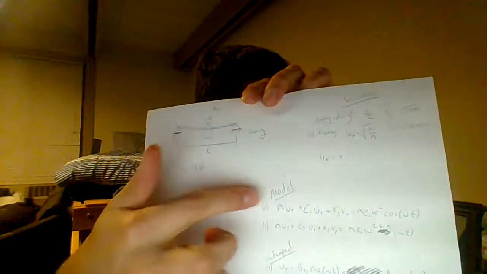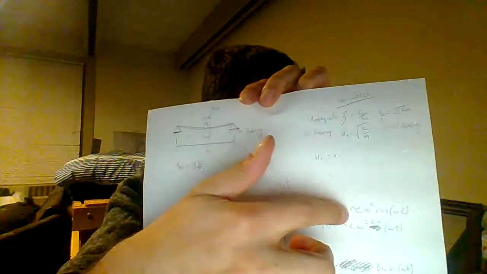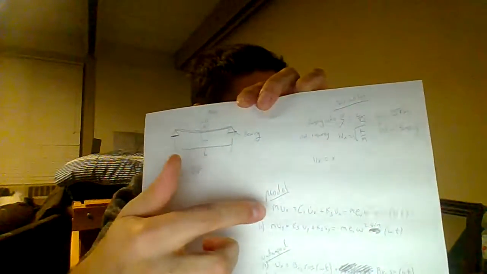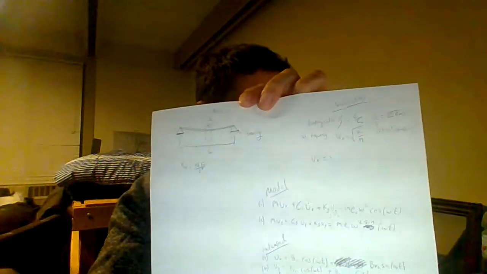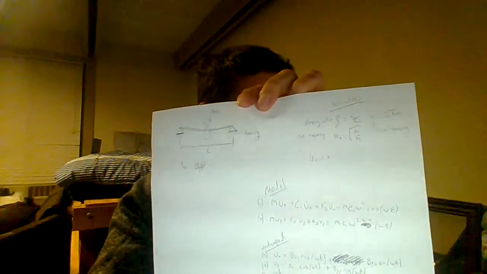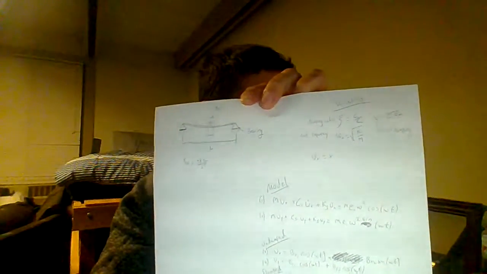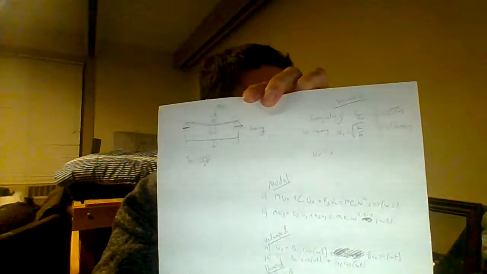And so there's term 1, term 2, term 3. Term 1 would be the mass times the second derivative of the position vector. Term 2 would be the damping effects times the first derivative, while term 3 would include the stiffness of the shaft, just times the position vector itself.